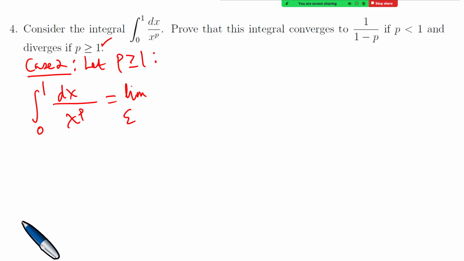So you have therefore the following now. You then have the following here.